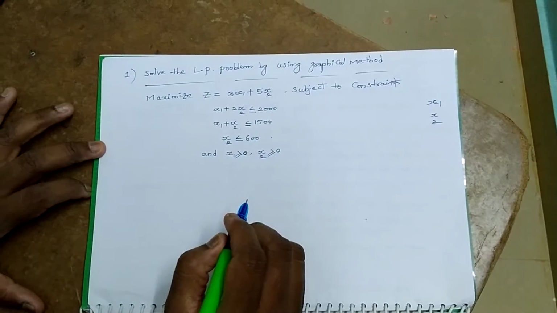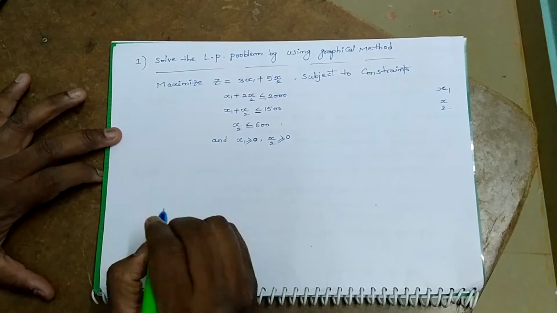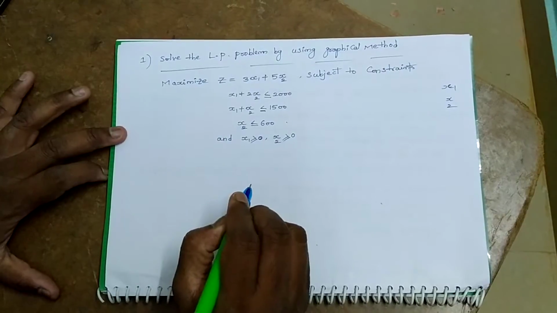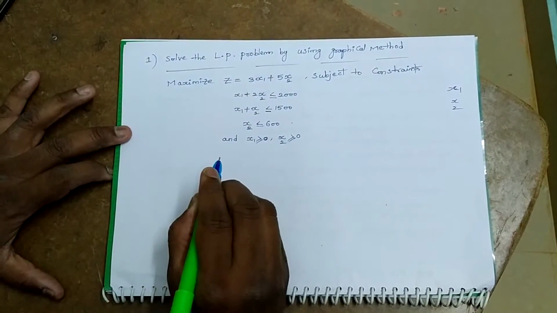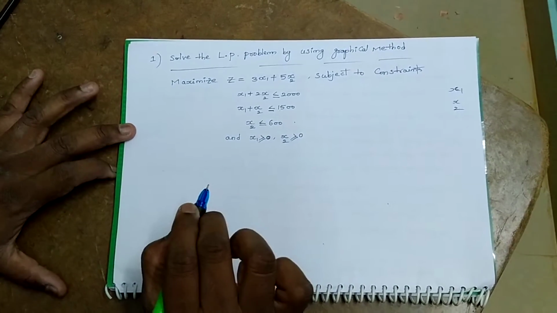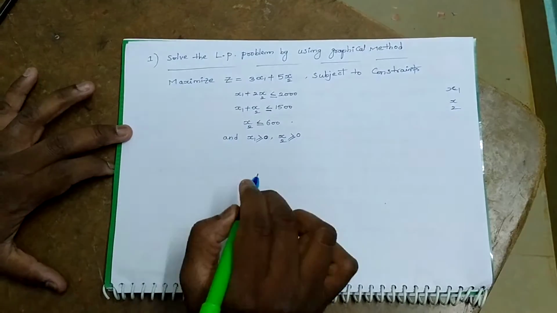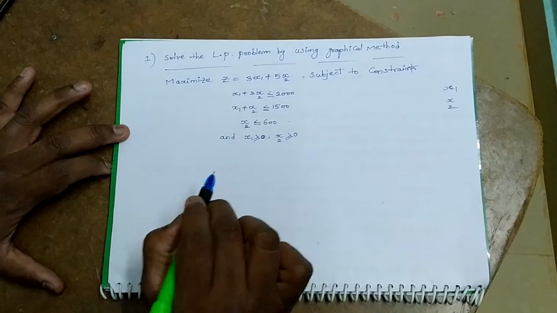Now we are supposed to find the values of x1 and x2 so that the objective function is maximized. For one particular value of x1 and x2, the objective function becomes maximum.